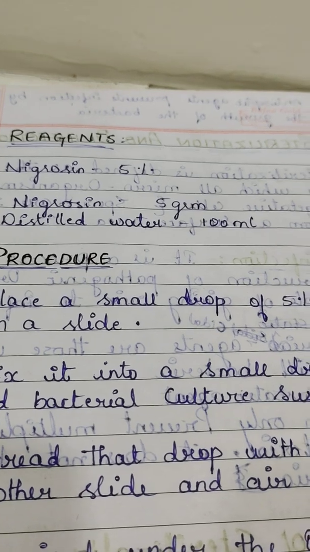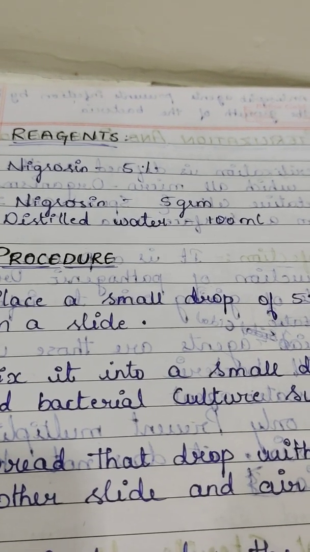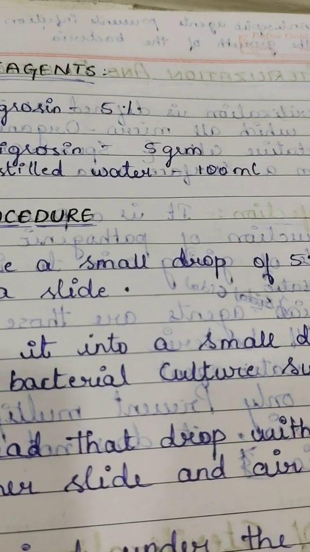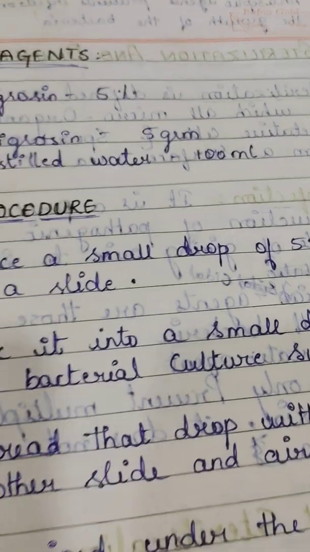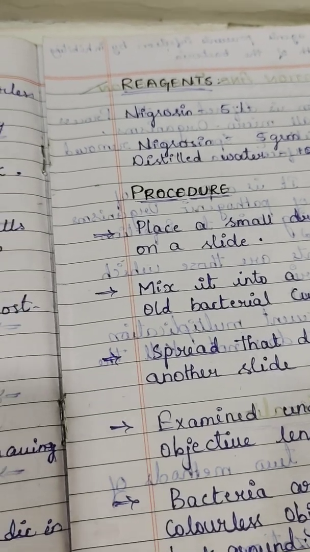Next, coming to the reagents, it requires nigrosin 5%, and 5% in the sense 5 grams dissolved in 100 ml. That gives the 5% nigrosin solution. Coming to the procedure, place a small drop of 5% nigrosin on a slide.